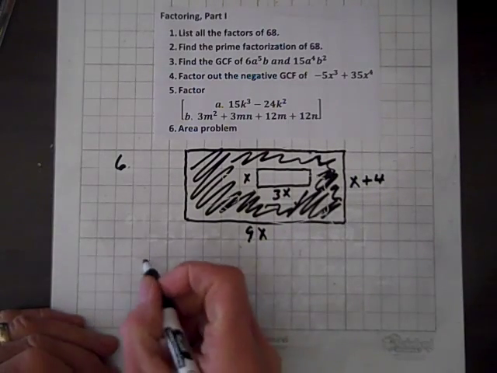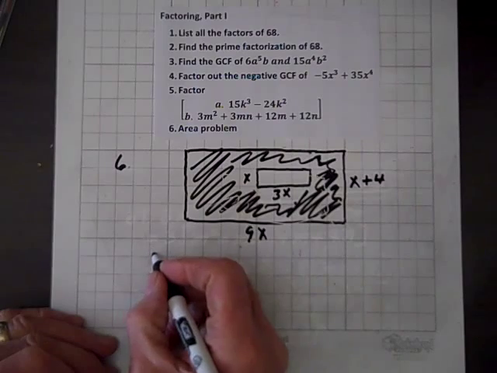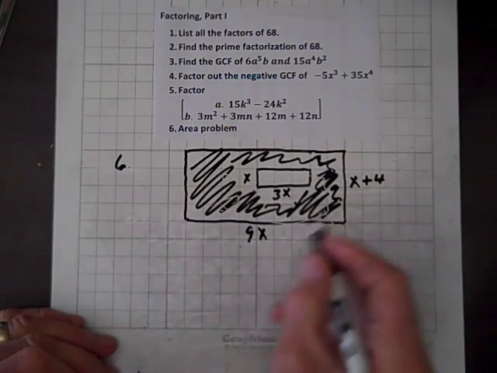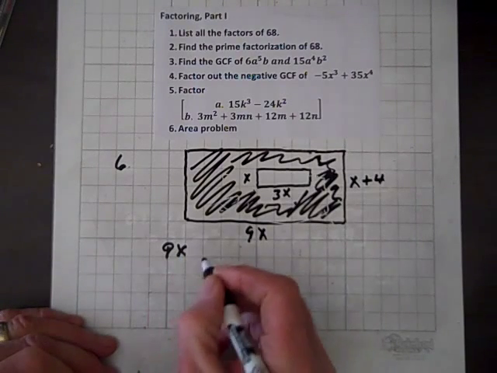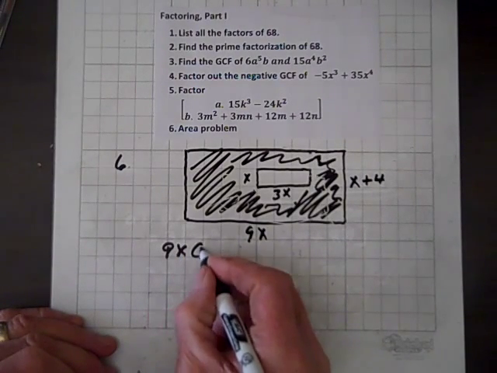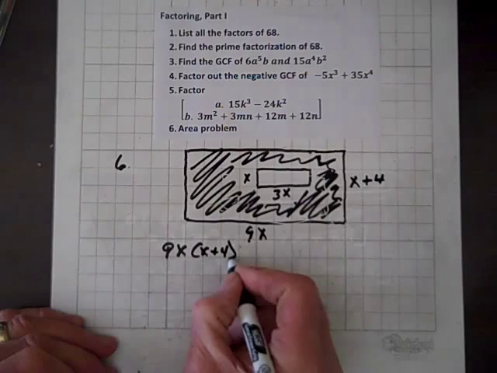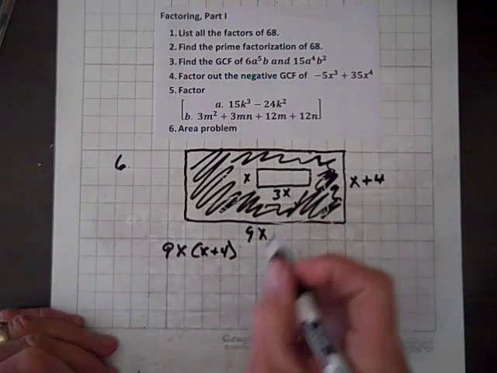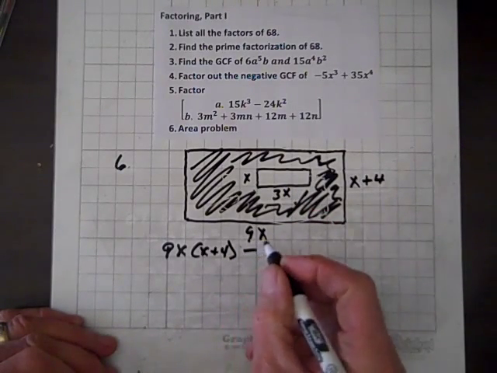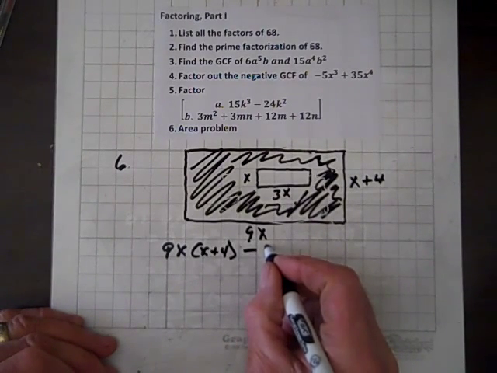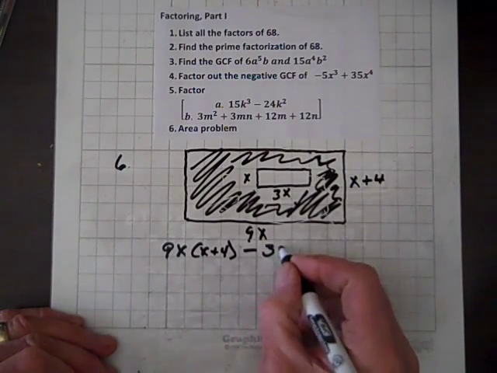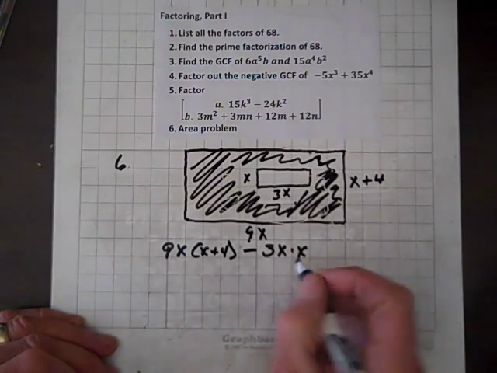So the area of the large rectangle is 9x times x plus 4. And from it we're going to subtract the area of the smaller rectangle, and that area is length times width, which is 3x times x.